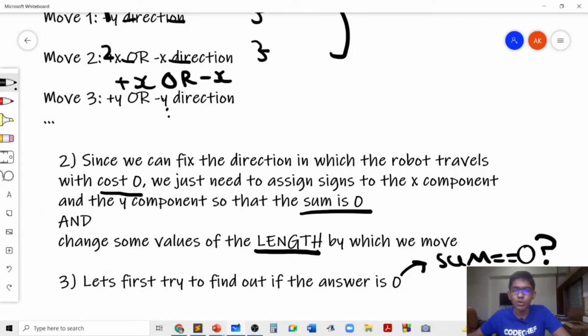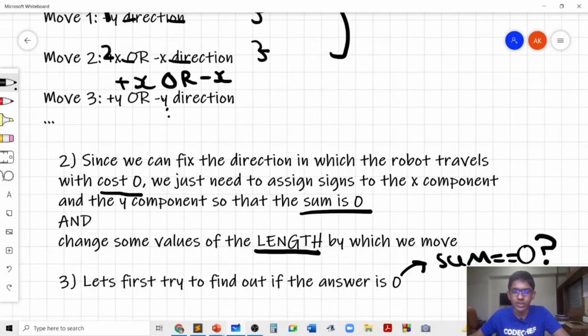The second component will be handled in the exact same way. Actually, we can use a method which just takes one component and does the same for the other component, and I'll be explaining that in the code. But for now, let's say that we are given an array and we need to choose signs for each element in that array so that the sum of all the elements is 0.